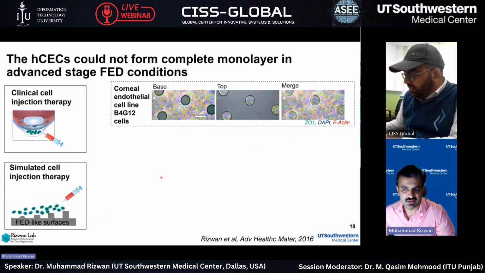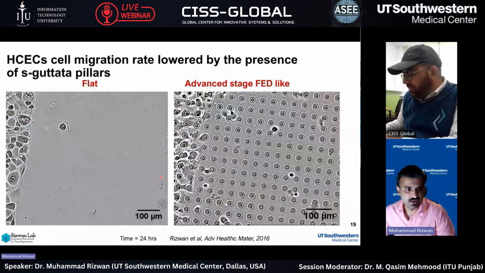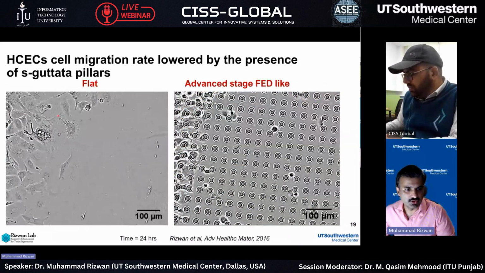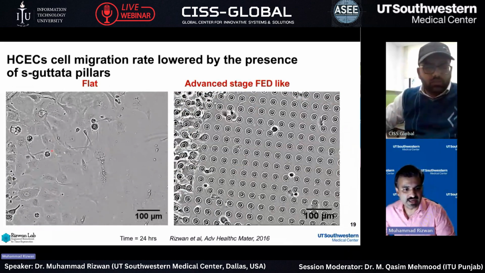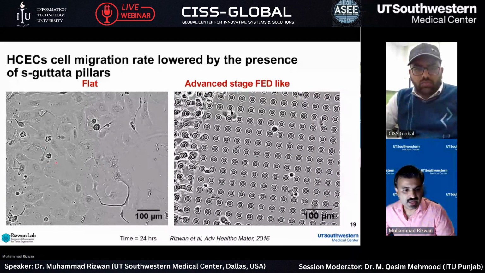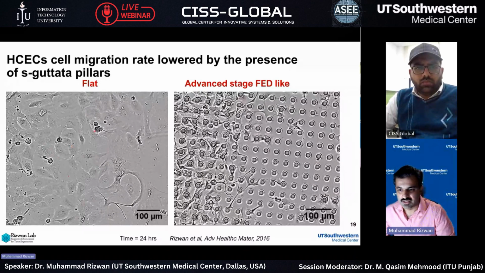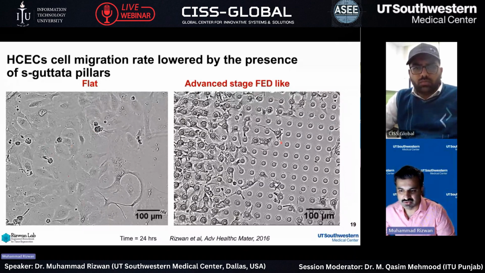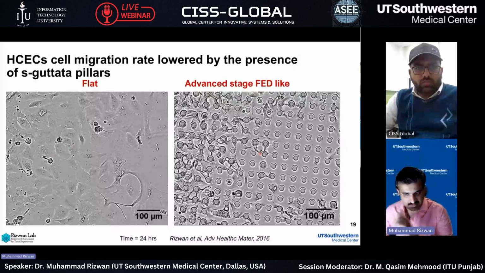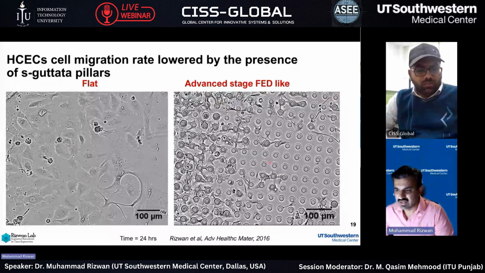And indeed, I'm going to skip again this slide. What we see is that if the cells are growing on this flat surface, they're able to migrate easily and they can maintain their monolayer shape. But if they are grown on these pillar-like structures, the cells are very elongated.